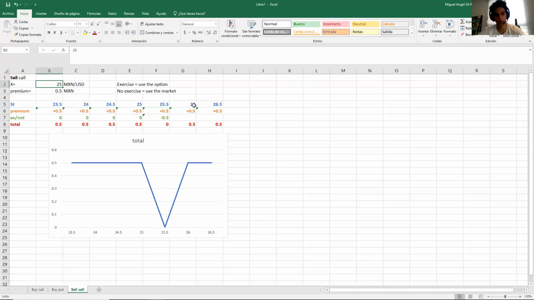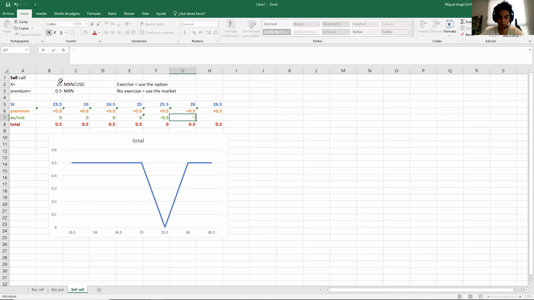Let's continue to the next column. At 26, the person will say 26 is the price of the dollar in the market, but I have the option of paying 25 with you. So I will exercise, and then the difference is going to be a loss for me because it's not good that that person exercised the option.